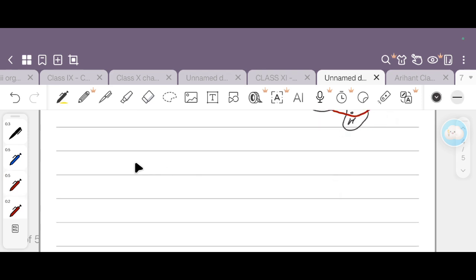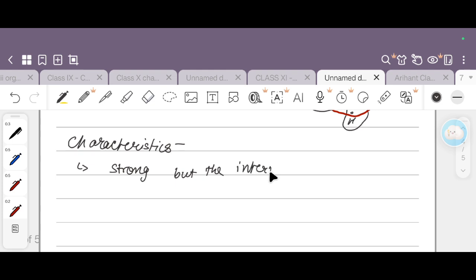So next we are moving to the characteristics of covalent bond. So the first characteristic is that the bond formed within the molecules are strong, but the intermolecular forces of attraction are very small.